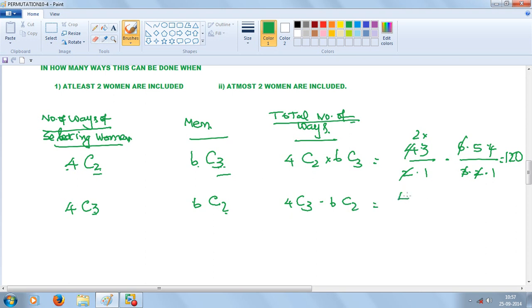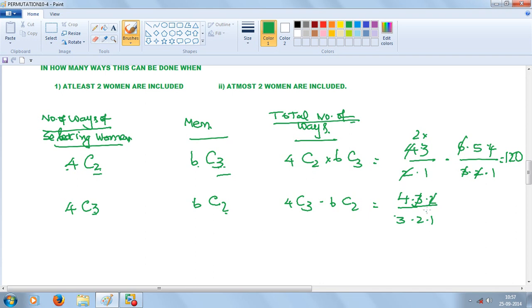4C3 is 4 multiplied by 3 multiplied by 2 divided by 3 multiplied by 2 multiplied by 1.